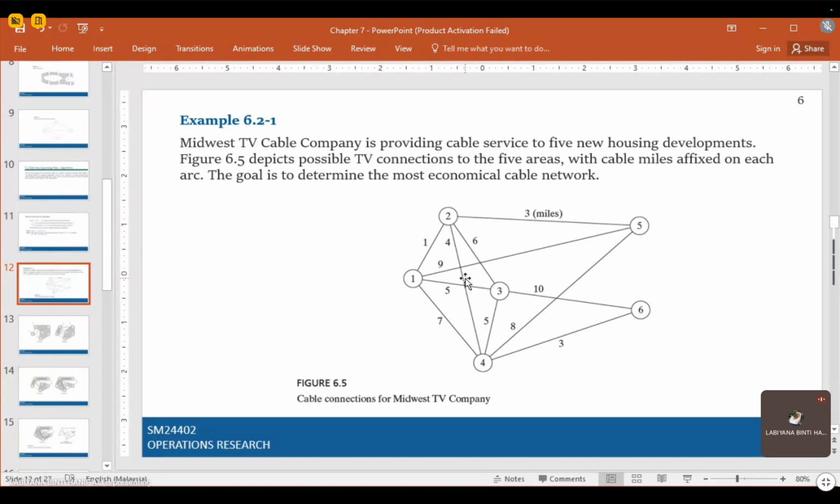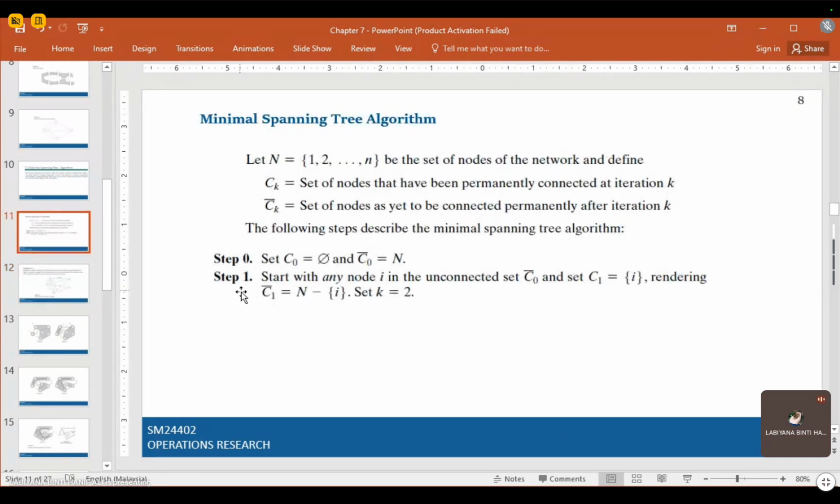Okay, so now we try to figure out the minimal spanning tree for this problem. So let's get back to our algorithm.